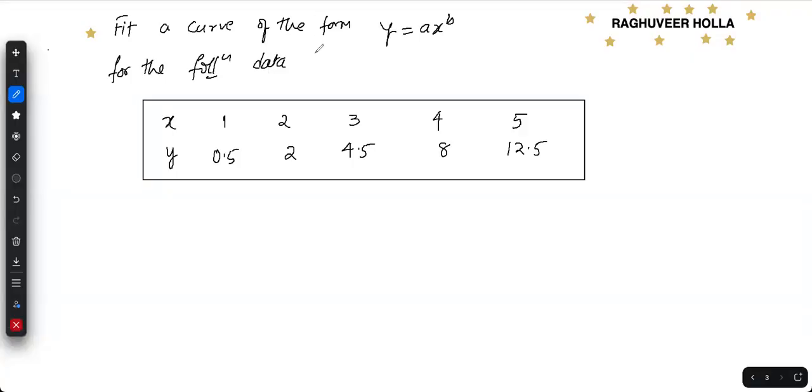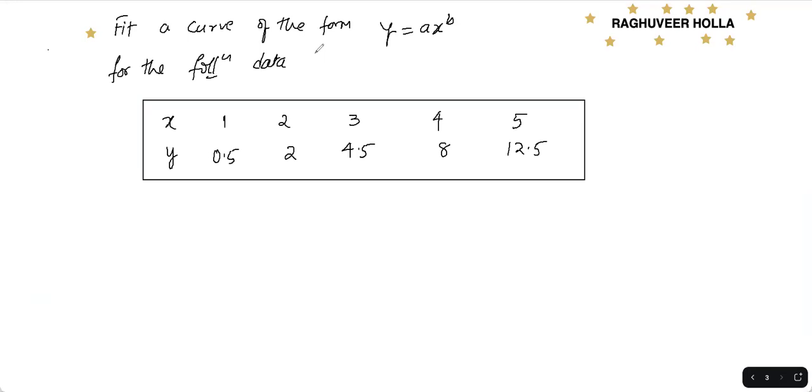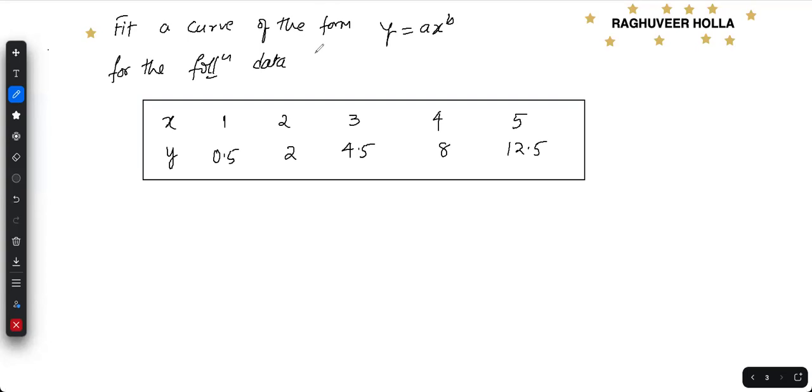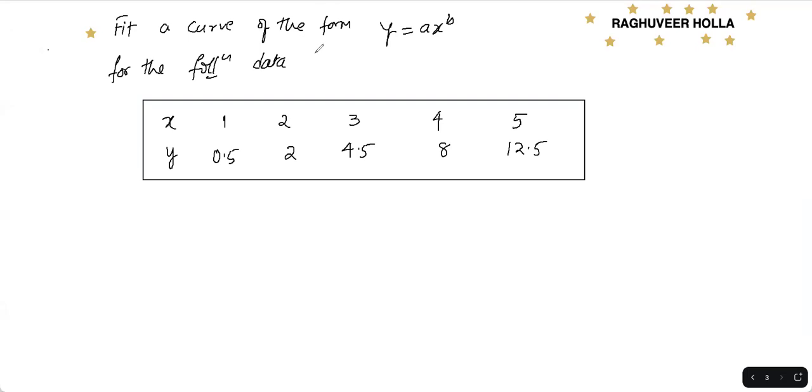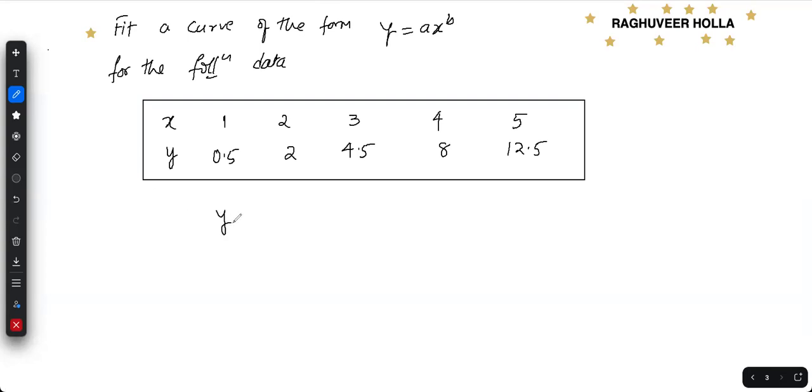So let us fit a least squares geometric curve, which is y is equal to a into x power b, for the following data which is given. Let us form this in the form of y is equal to a plus bx.